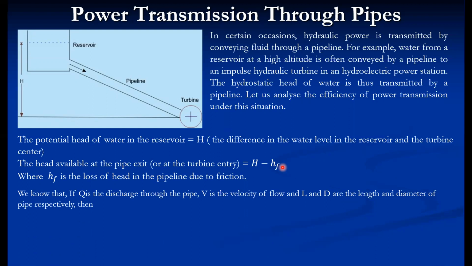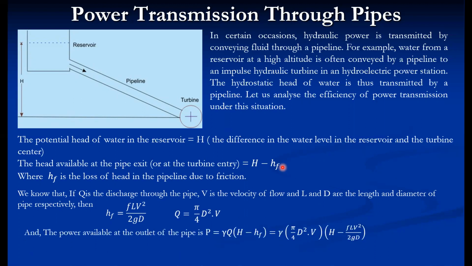If Q is the discharge through this pipe, V is the velocity of flow, L is the length of this pipeline, D is the diameter, then we have HF equal to f L V squared by 2 g D. We can calculate these losses if we know these parameters. Q in that case is area into velocity, that is pi by 4 D squared into V. So the power available at the outlet is not gamma Q H, because some head is lost to friction.